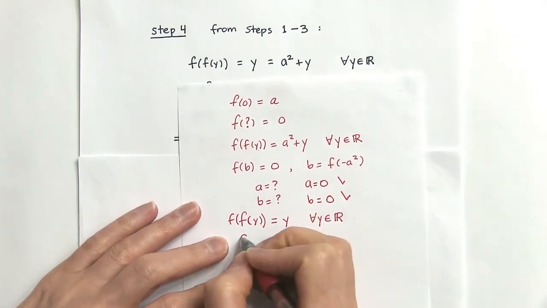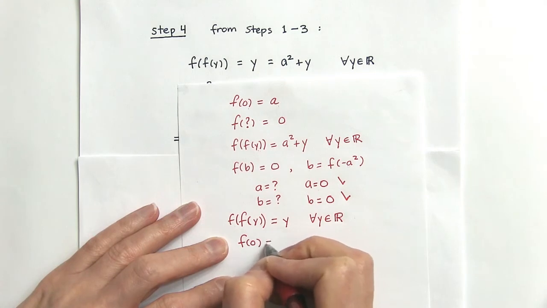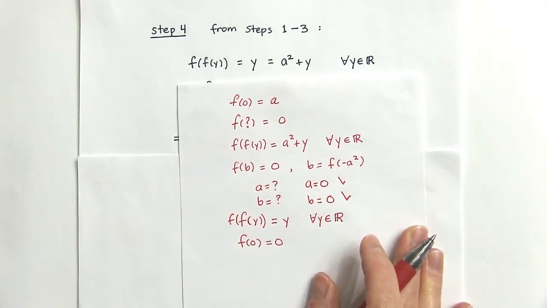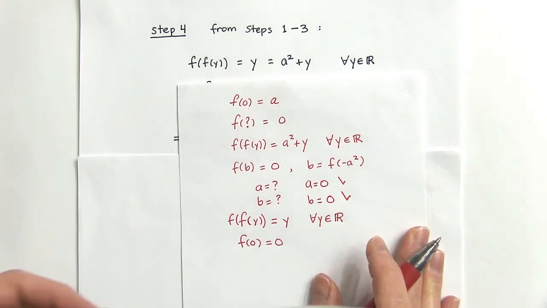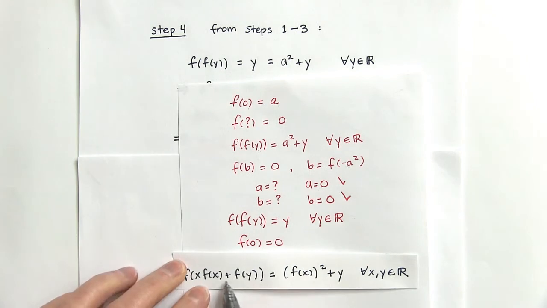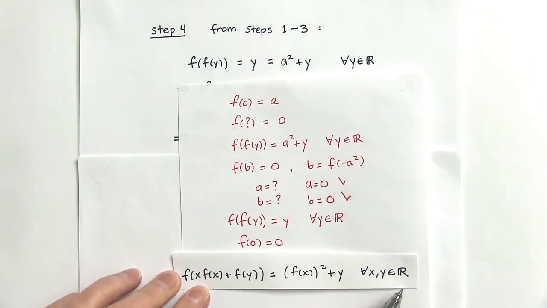And so now we know that f evaluated at 0 is 0, for any function that obeys this property for all real x and y.